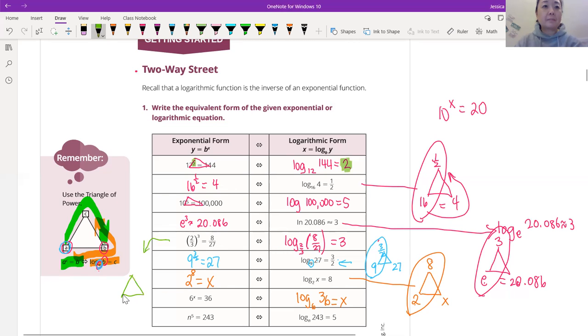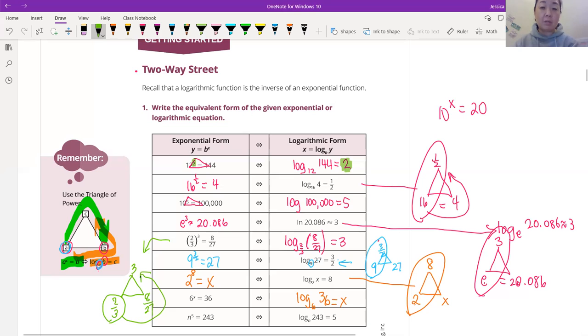Again, that's going to be 2/3 to the power of 3 is equal to 8/27. If we're writing in logs, we're going to start with this one and go around this way. So it's log base 2/3 of what comes next, 8/27, of 8/27 is equal to 3. That's how we do that.